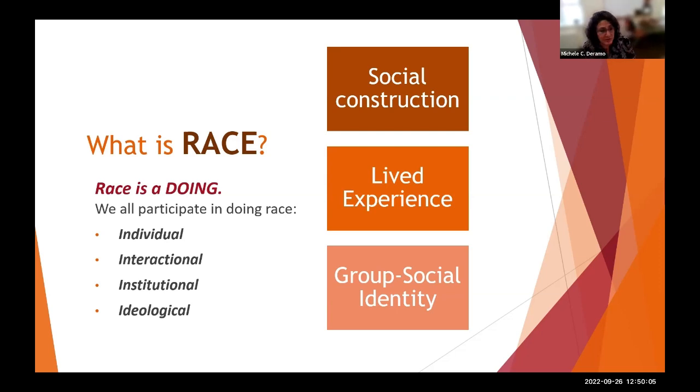Individual, interactional, institutional, ideological. At the individual level, we do race through our biases, stereotypes, feelings, attitudes. The example I raised: I was doing race in that class when I valued certain students' ideas over others, even though when I stepped back and applied criteria, the student that I disadvantaged actually had a better project.